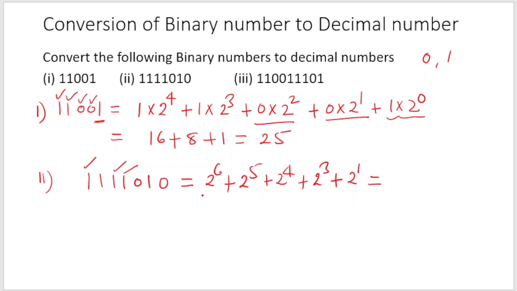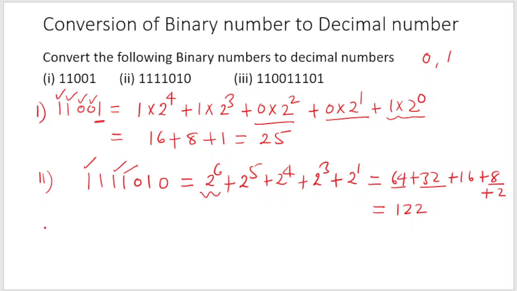So if I add all of this, it is 64 plus 32 plus 16 plus 8 plus 2. So how much will I get? 64 plus 32 gives 96, plus 8 is 104, and 16 makes 120, and plus 2 will be 122, right?